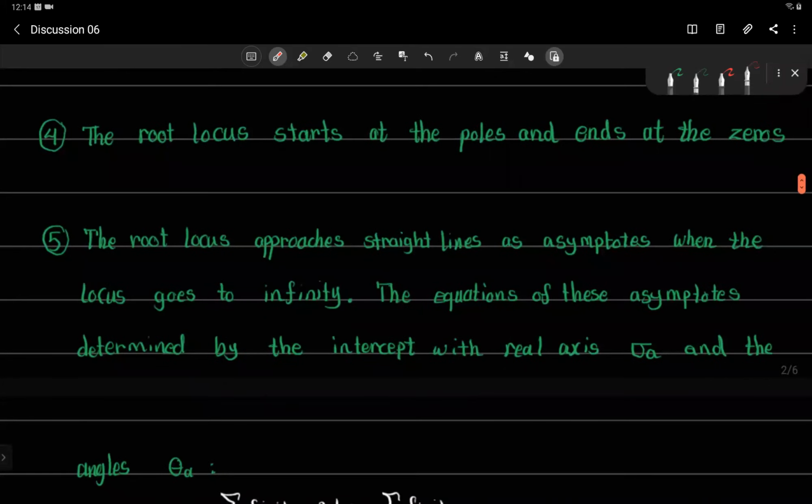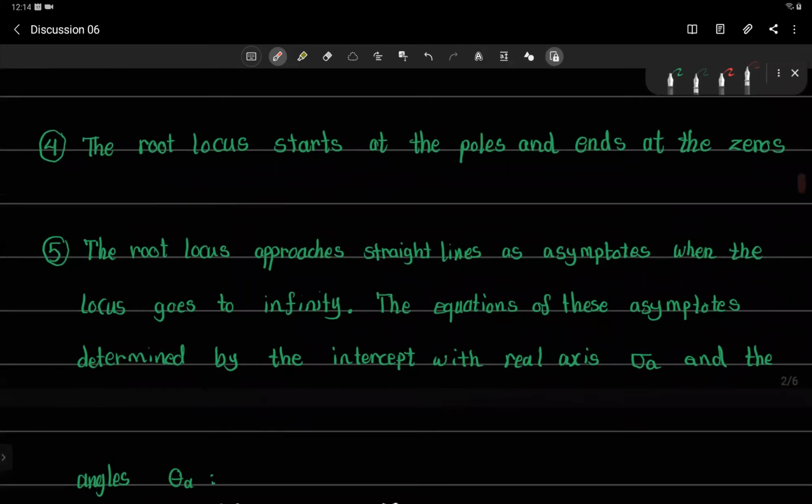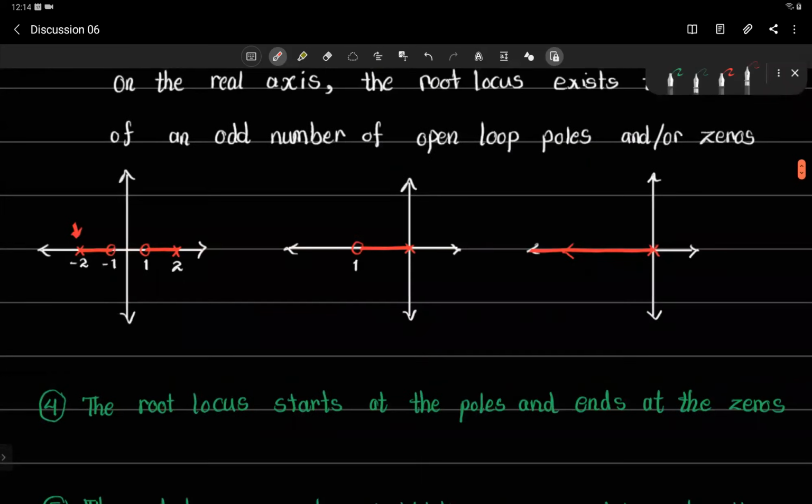The fourth rule states that the root locus starts at the poles and ends at the zeros in the following sense. So at k equal to 0, the root locus will be at the pole at 0. Now, when k keeps increasing, the root locus will start moving to the left.